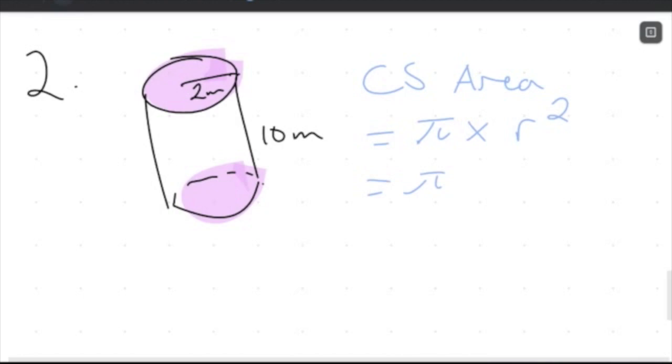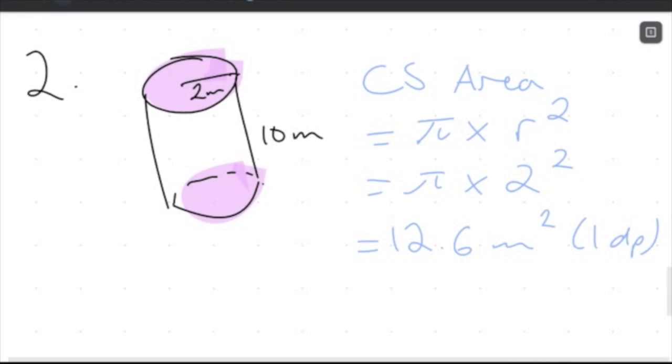So I'm going to do pi times 2 squared. And let me pop that into a calculator. If you remember, pi is an irrational number, so it's going to give me a lot of crazy decimal points. It's not going to be a nice number. So I'm going to find this to 1 decimal place. So that gives me 12.6 meters squared to 1 decimal place.